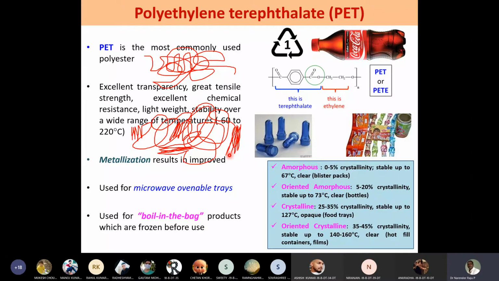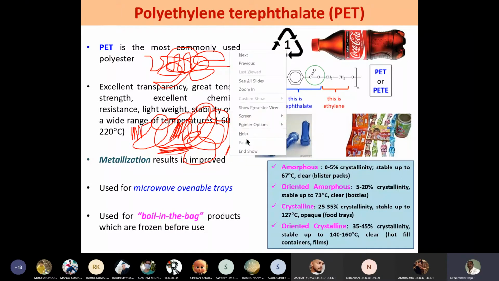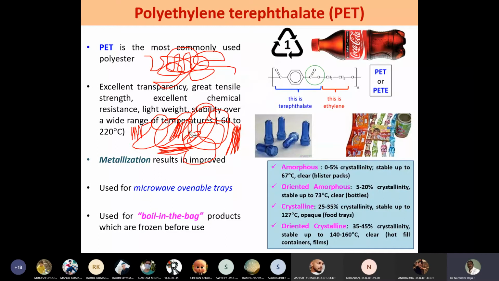So depending on this, you find that the crystallinity may range anywhere between 0 to 50%.